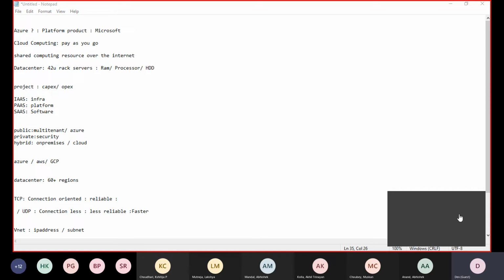Now, if you're building the same infrastructure on cloud, what are the services we'll be targeting under Azure, guys? If I want to build a VM, what is the service that we'll be targeting? Compute. Compute, very good.